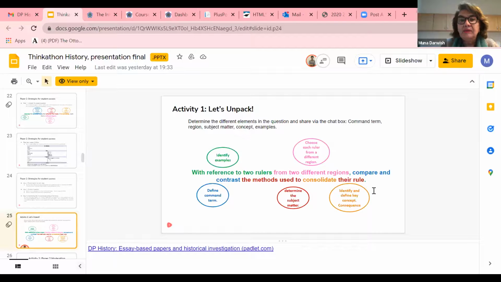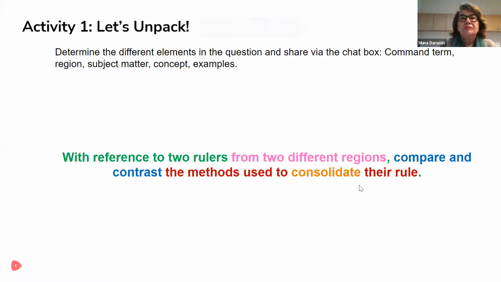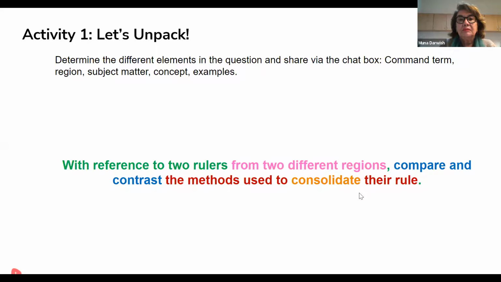Okay, so Kaizen in chat, some chat responses are already coming. Kaizen has said command terms, compare and contrast. Yeah. Same, Kariman says compare and contrast. Region, 2 rulers each from a different region.